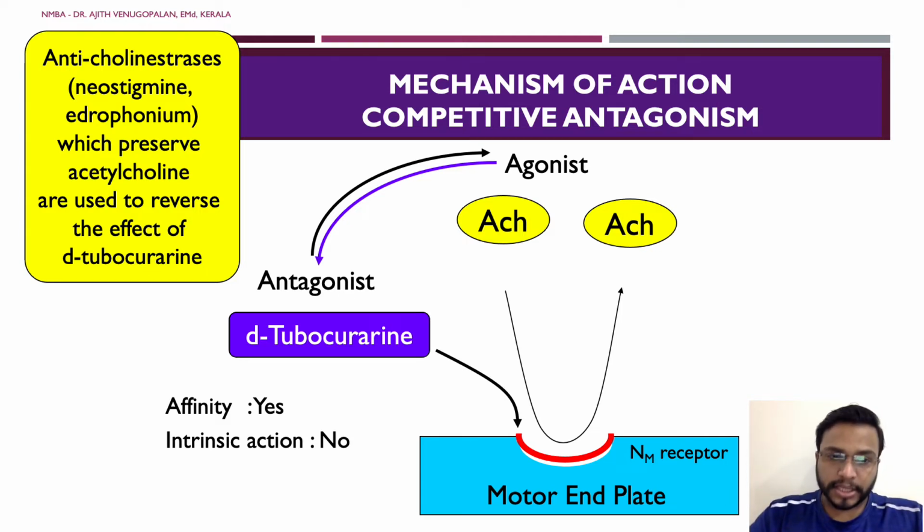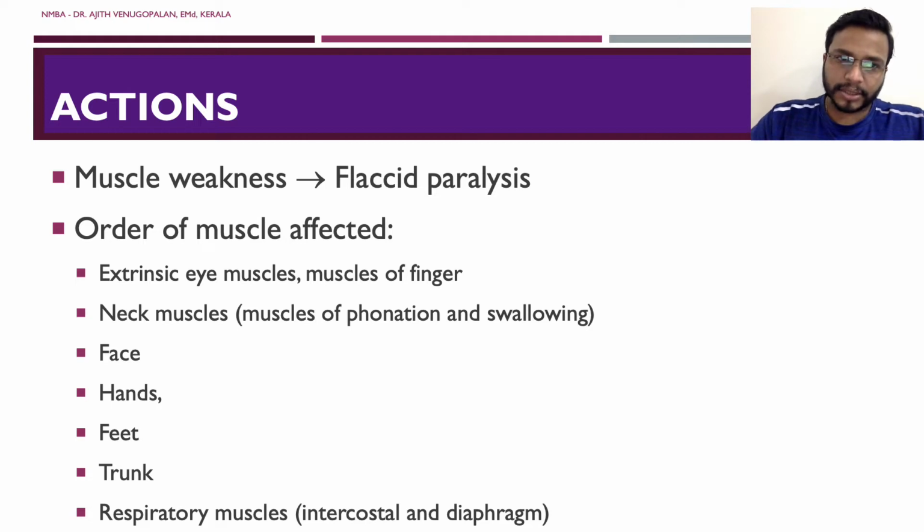Once it blocks the receptor, no depolarization is going to happen. The action is flaccid paralysis, and the order of muscles affected is the extrinsic muscles of the eye, followed by the neck muscles, then face, hand, feet, trunk, and the respiratory muscles.